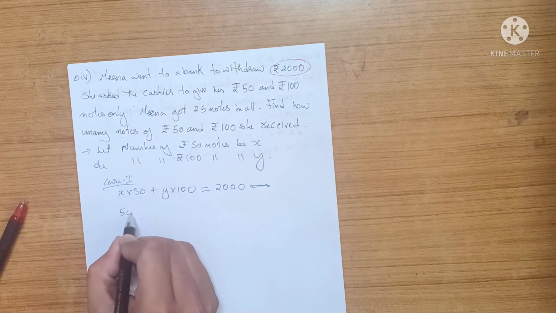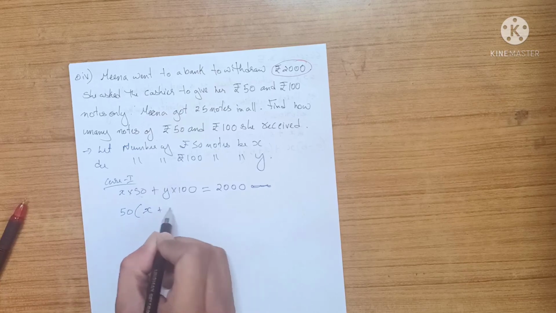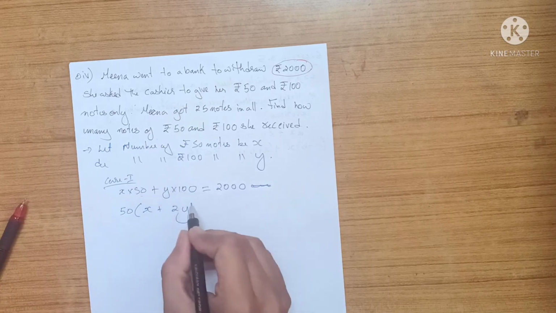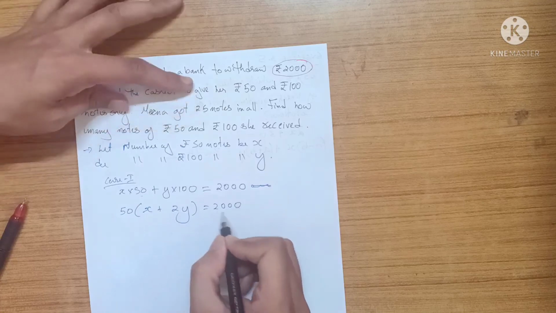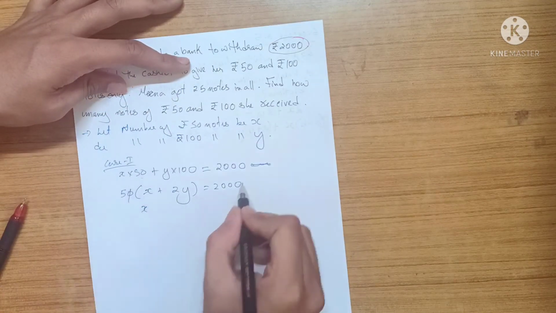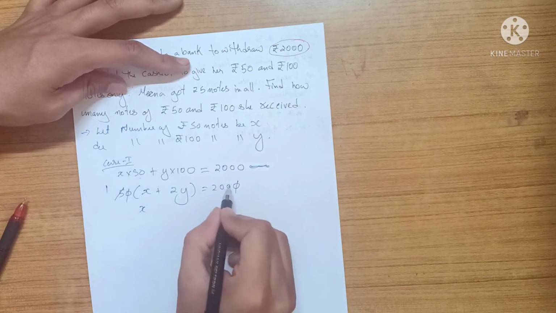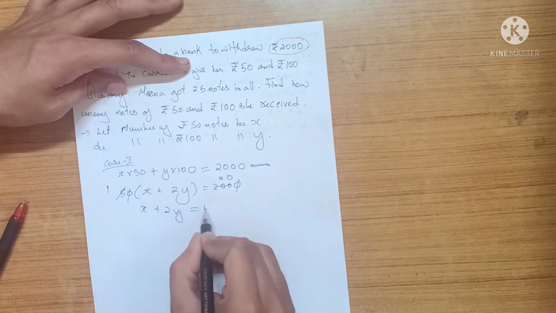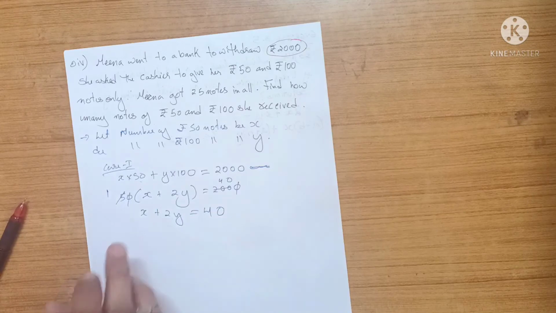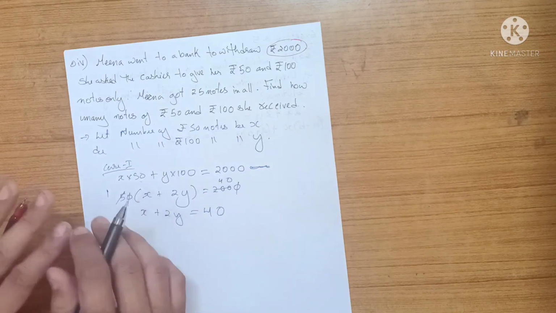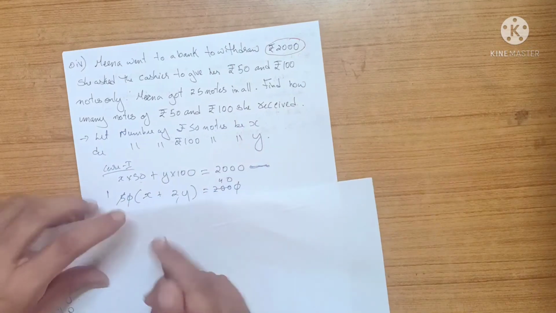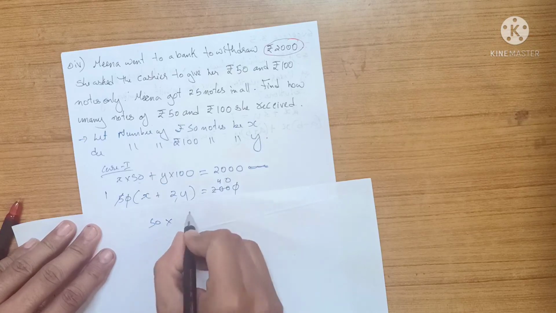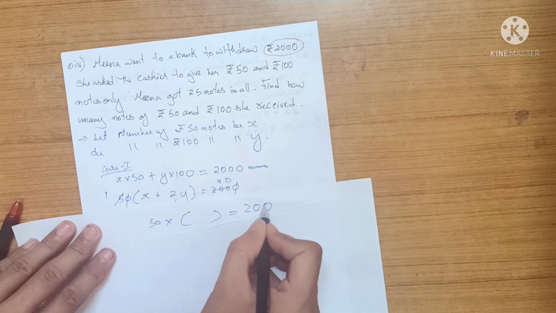So we can take 50 common. So x plus 2y, because 50 times 2 is 100, equal to 2000. We can cut the zeros, and 5 times 40 is 200, so x plus 2y equal to 40. See, I'm cutting this because it's only multiplication: 50 into something equal to 2000.